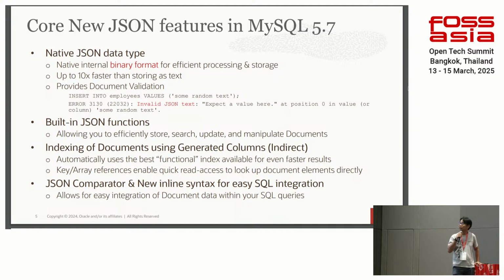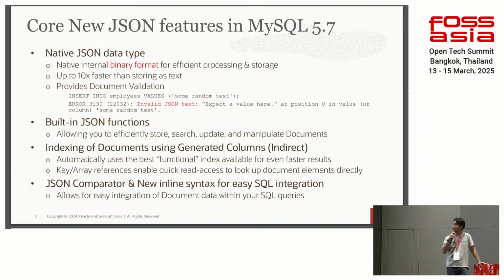Before version 5.7, they worked with external text or external documents. After we put this technology inside MySQL, we can improve performance 10 times compared to working with the document outside the database. And in the MySQL database, we have the validation feature: when you insert data into the JSON document, we can validate the data.